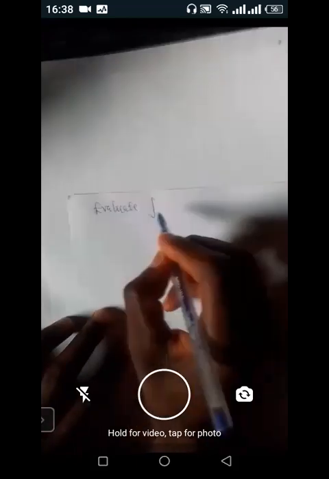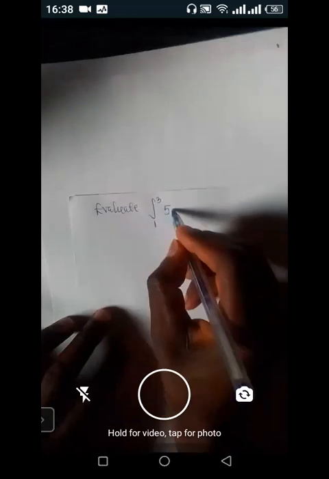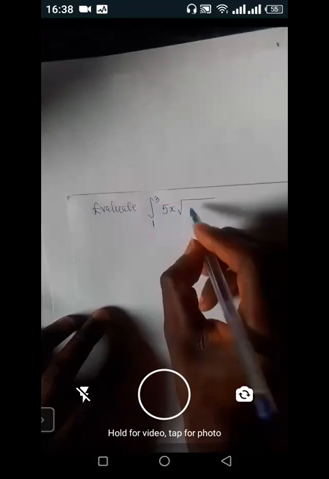So this is what we have. Evaluate, so you have another question. Let us evaluate this definite integral from 1 to 3 of 5x by the root of 2x squared plus 7, then dx.